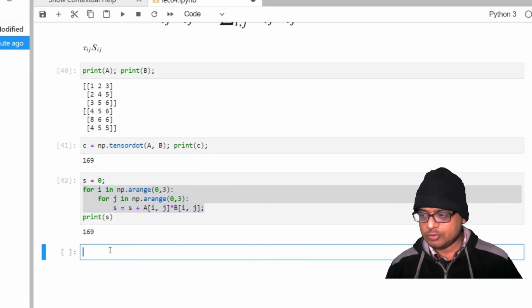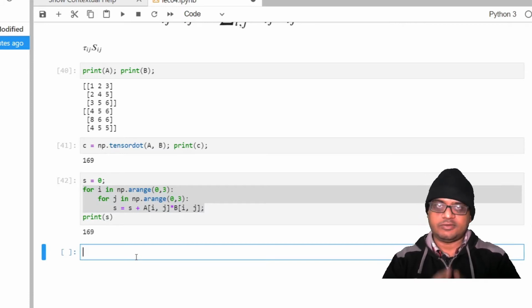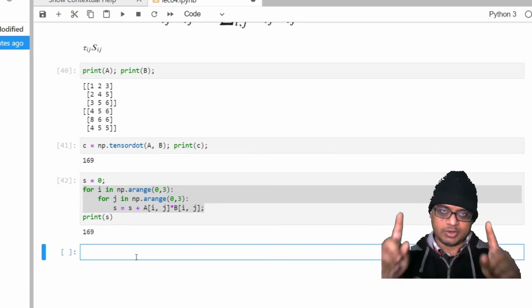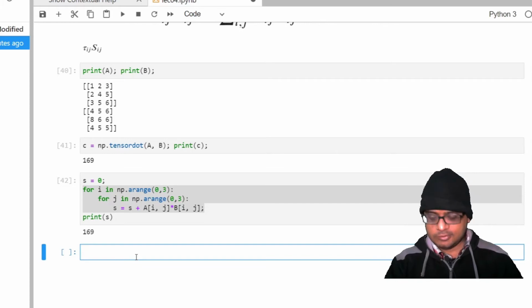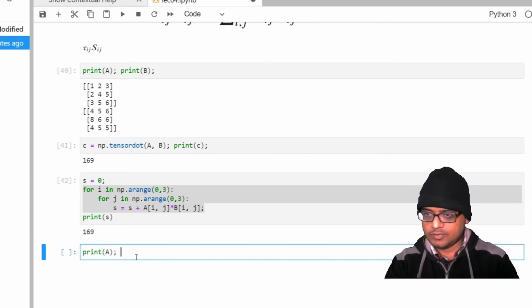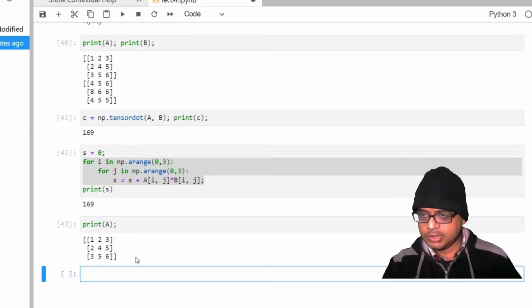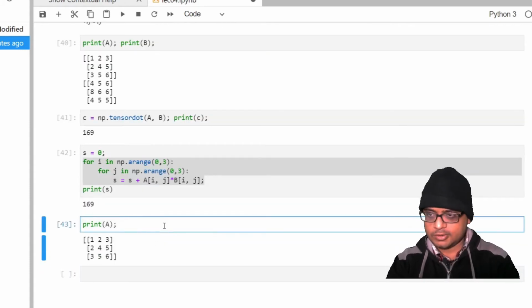So let me just quickly show you how to do that. Simply, we will first flatten all the elements of the matrix into a straight line. Let me print out what A is. Now let me print out what the flattened version of A is.